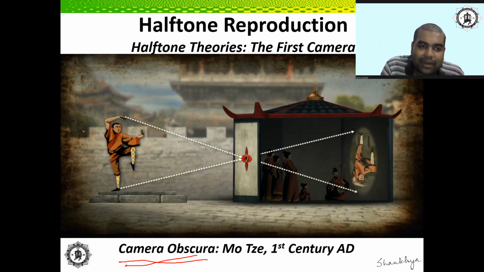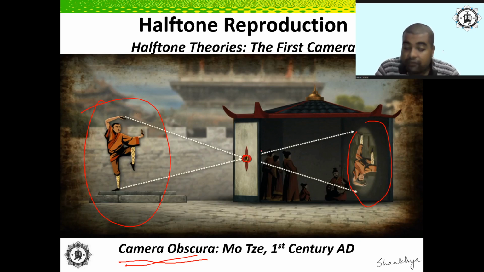This is quite understandable, because light rays travelling get inverted. Here the person is the original, and on this side of the wall we get an image that is inverted in nature. So this was the beginning of the pinhole camera, known as the camera obscura.